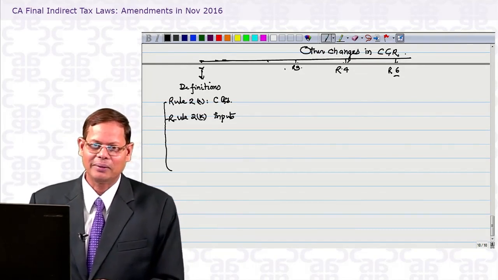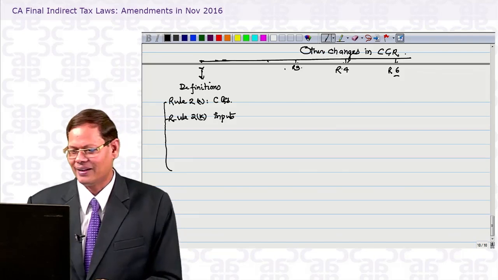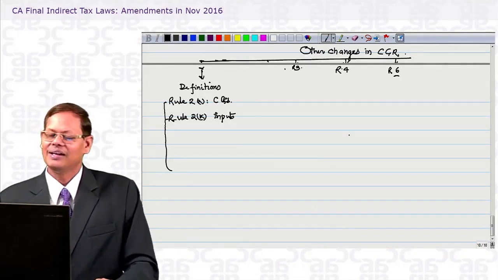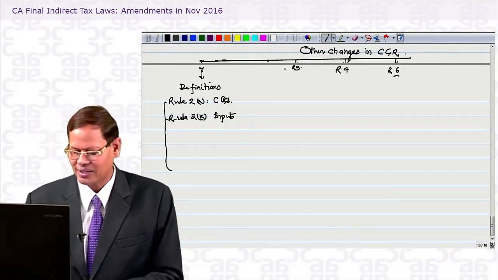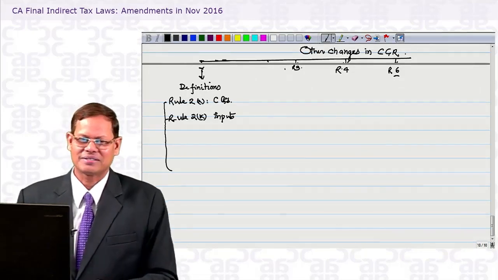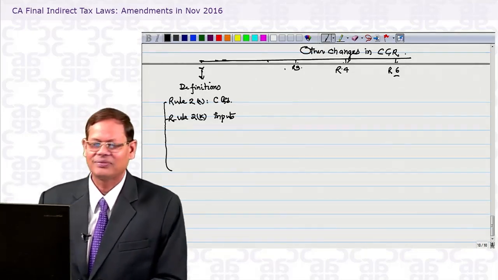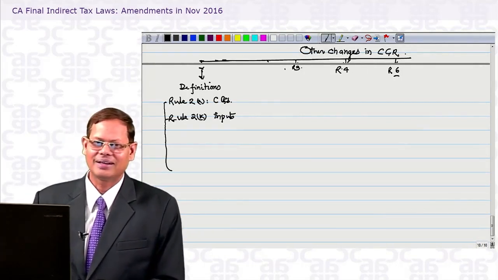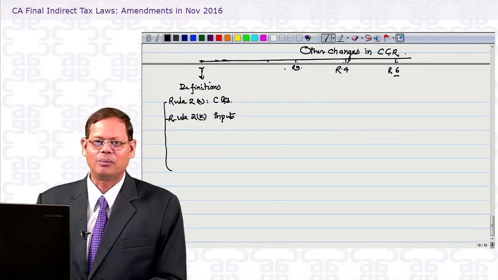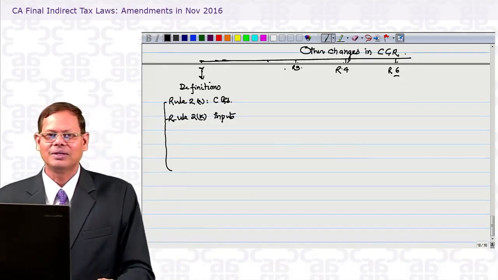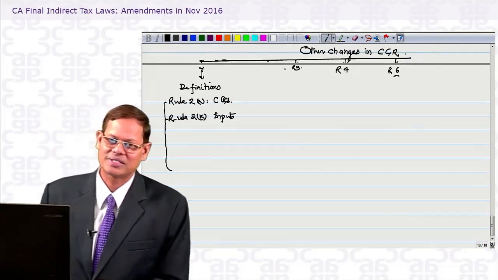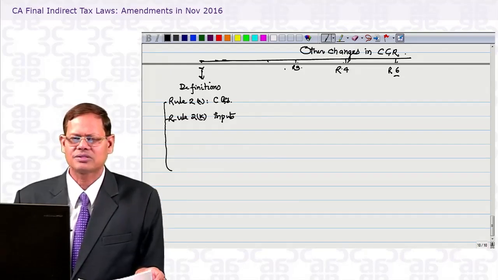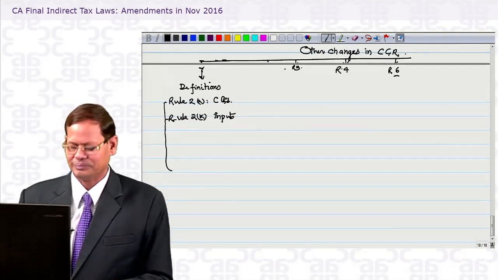Ever since I started teaching, I have seen that almost every year there is a change in Rule 6. There are so many articles, so many recommendations. A lot of time is being spent on Rule 6. Even till today, it did not undergo much reform. And in 2016 also, they have almost redrafted Rule 6, retaining the same concept. Conceptual change is not there, but it is there.